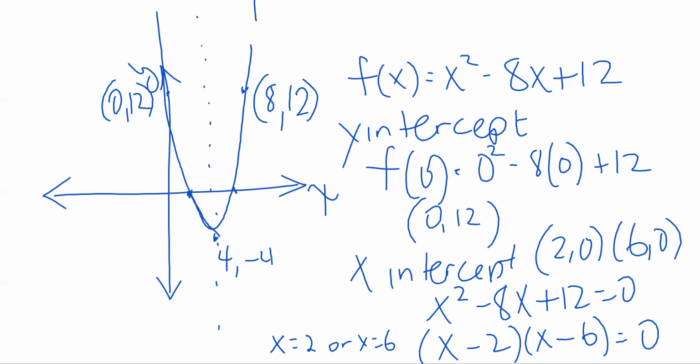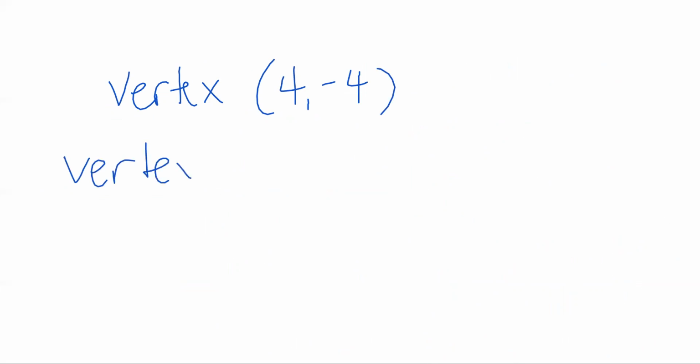I was concerned about some situations, however, on MATLAB. We know the vertex is 4, negative 4. There's what's called a vertex form of that graph.